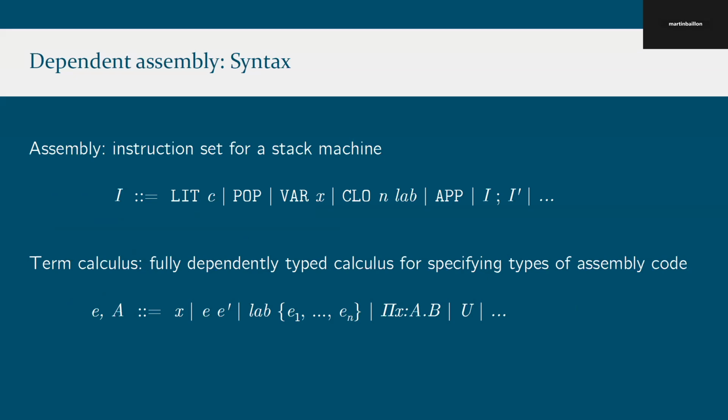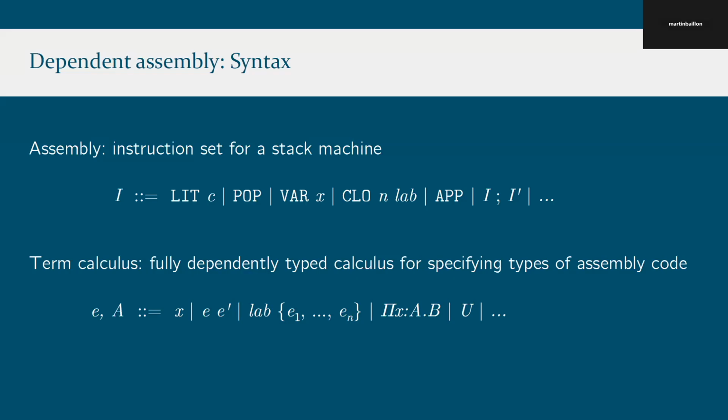It's an instruction set for a stack machine, and it's describing the lower-level computation with the usual things you might want to see, like pushing a literal, popping something out, fetching a variable from a runtime environment, forming closure applications and sequences, etc. And there is a term calculus which describes, from a higher level, the expected computation of the assembly code, which is a fully dependently typed calculus with a syntax like this.